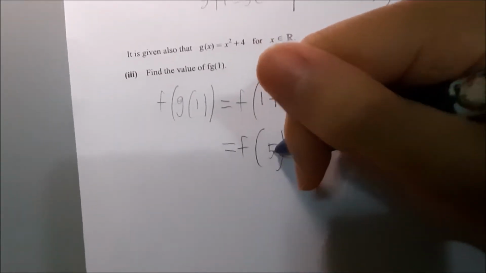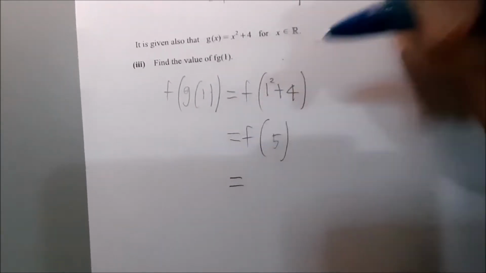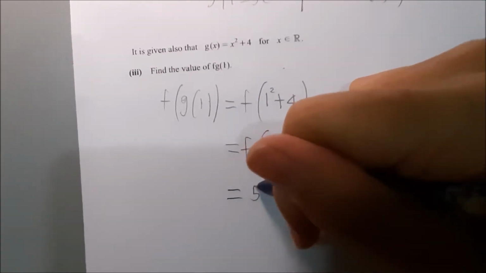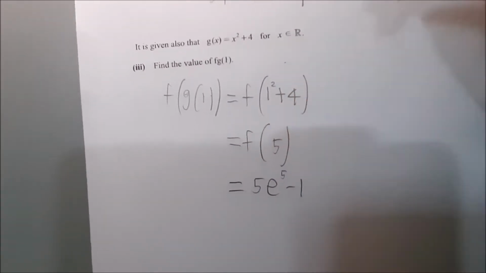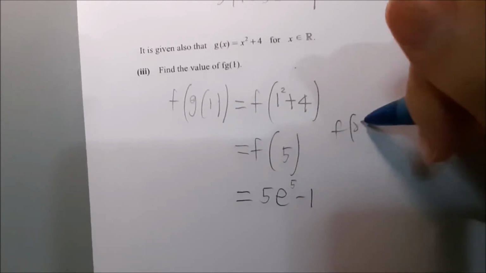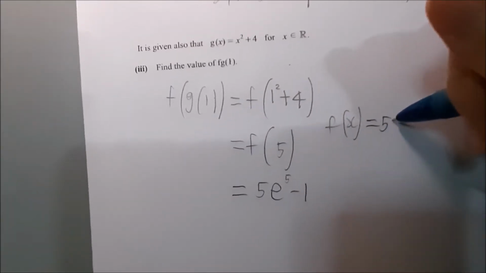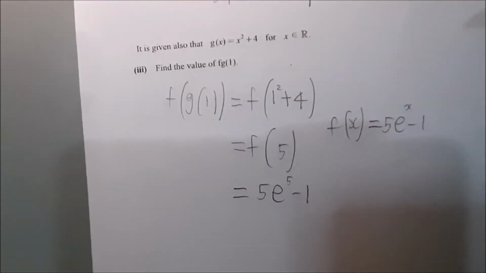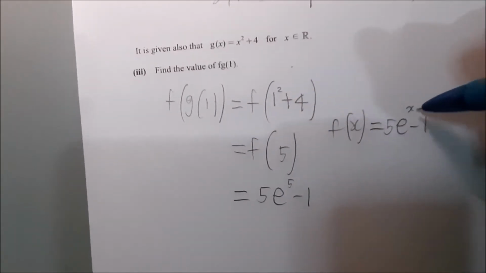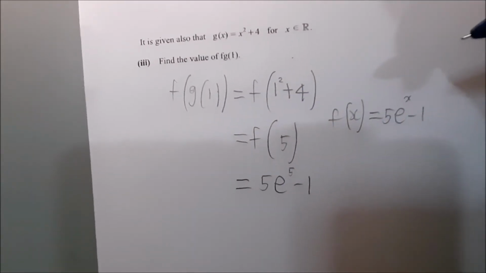Then f(5) means 5e^5 − 1, as f(x) equals 5e^x − 1. So you are just replacing the x with the number.